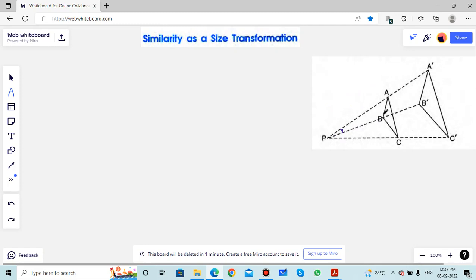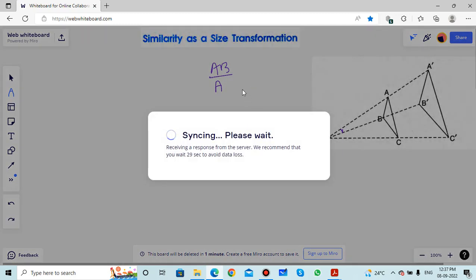Then what will happen to the sides AB and A dash B dash? We are supposed to find for the other one, so I'll take the other one. One second here.